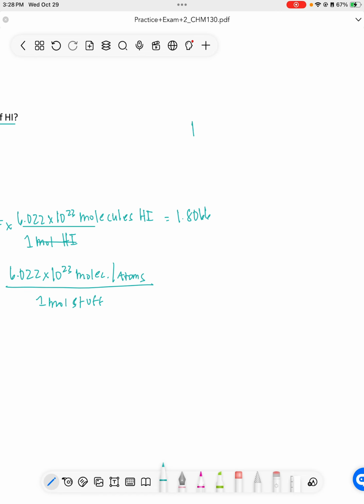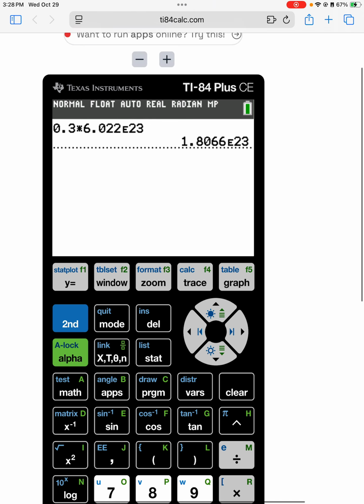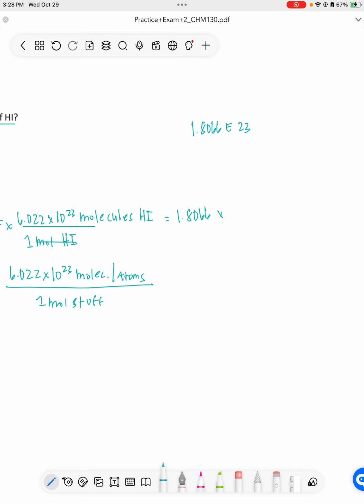And if you saw, I'll go back, but it said this, e to the 23. I can't highlight it because this is on the internet, but if you see, it says 1.8066 e to the 23. That means 10 to the 23rd power. So I'm going to write it that way.